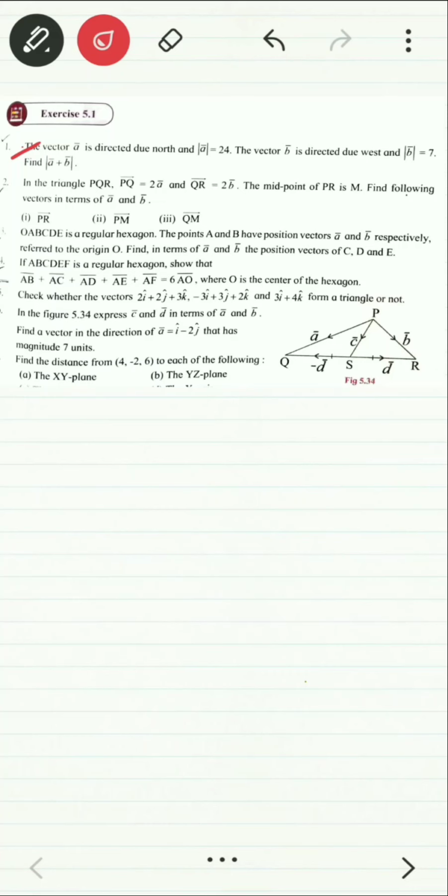So in the solution, suppose A starts from this particular point. See, this is A, and from point A we draw this vector going north, that is going upwards. So this is A bar.